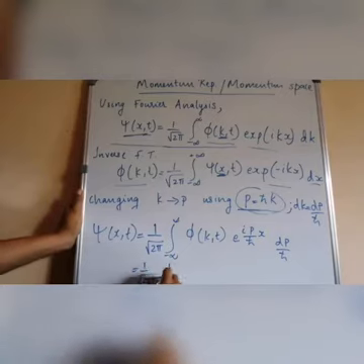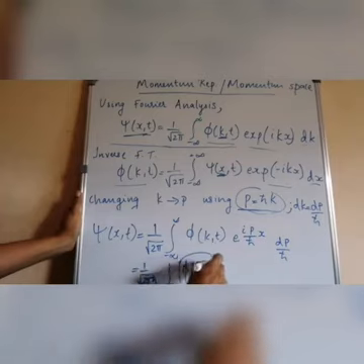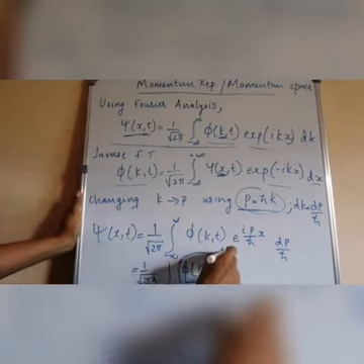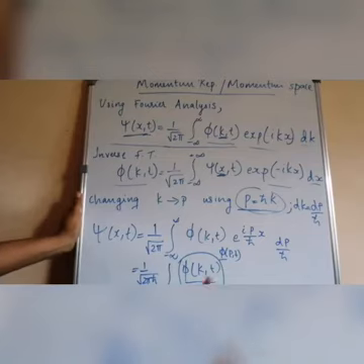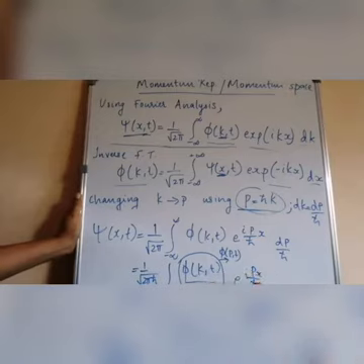The square root of h cut is combined with phi of k comma t, so that it is defined as phi of p comma t. The remaining is written like e raised to i p x by h cut dp.